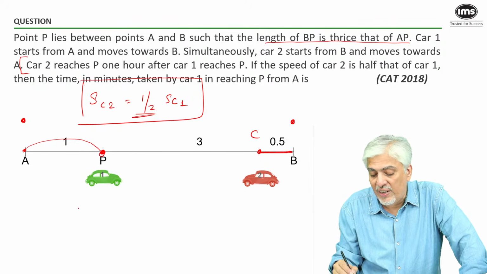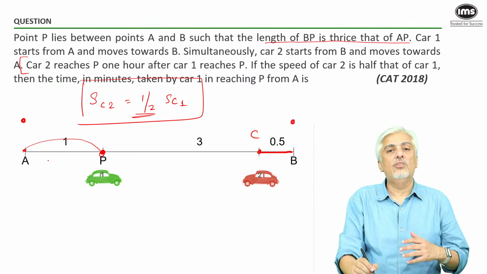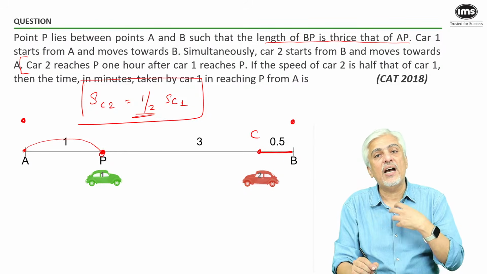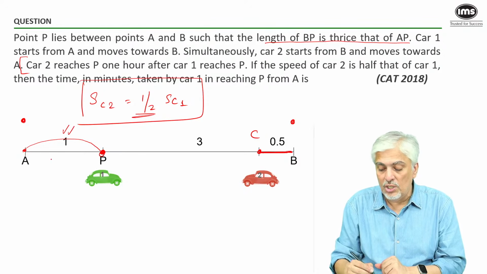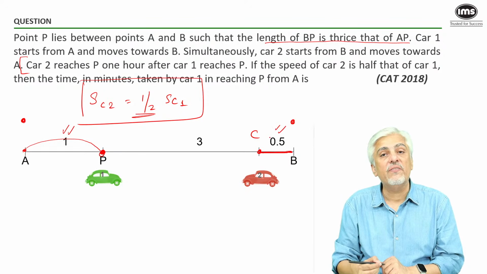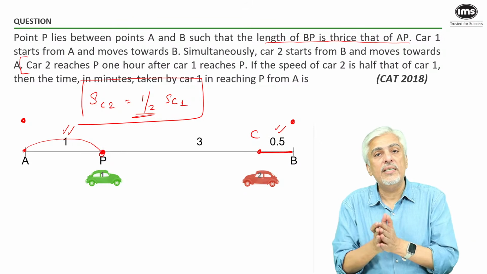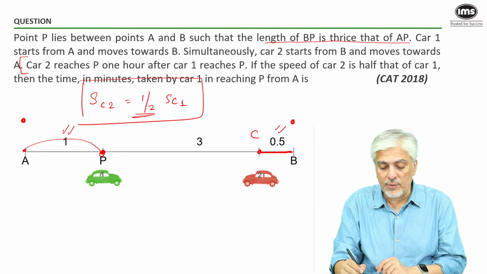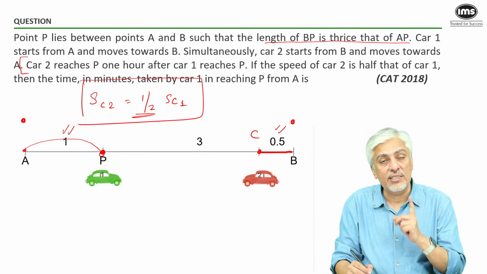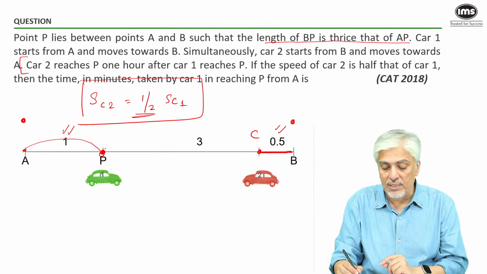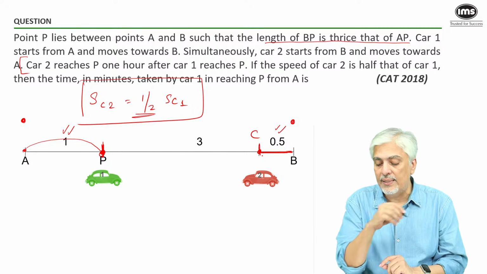Why 0.5? Because half of 1. So in short, if your speed is half of my speed, if I can cover a distance of 1, you can cover a distance of 0.5. So when car 1 covers 1, car 2 covers only 0.5. So by the time car 1 has reached P, car 2 has reached only C.